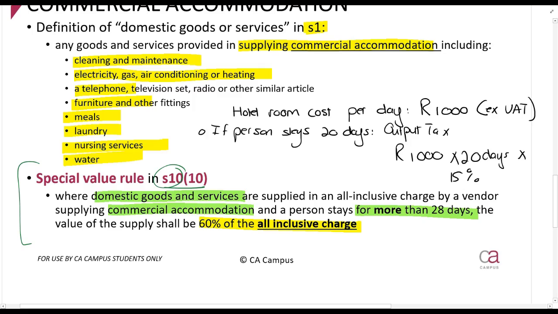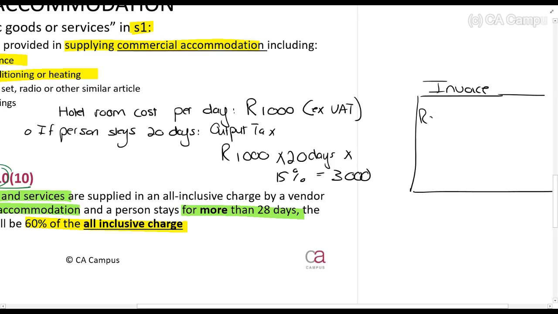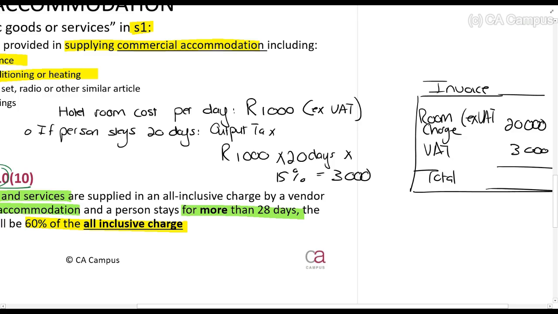Right? So the VAT will be 3,000 rands. So the invoice that the hotel will give will say room charge 20,000, VAT 3,000, total, so this is ex VAT, the total including VAT is then 23,000.